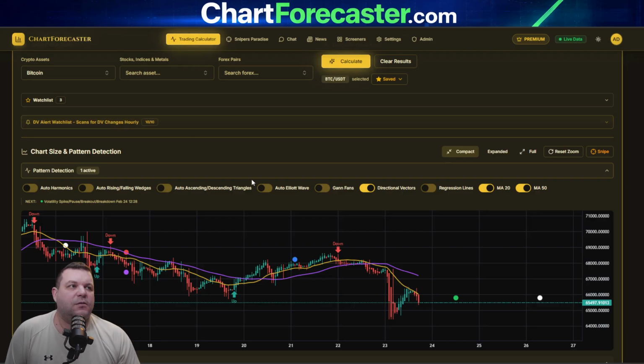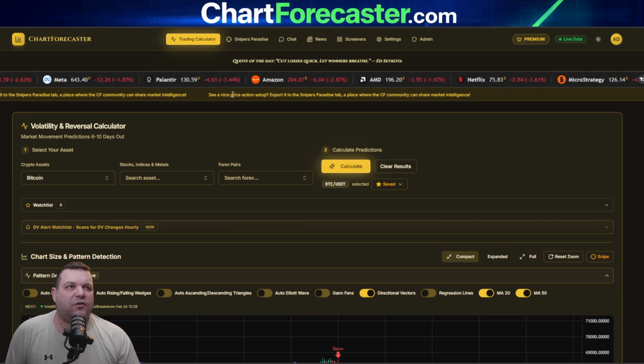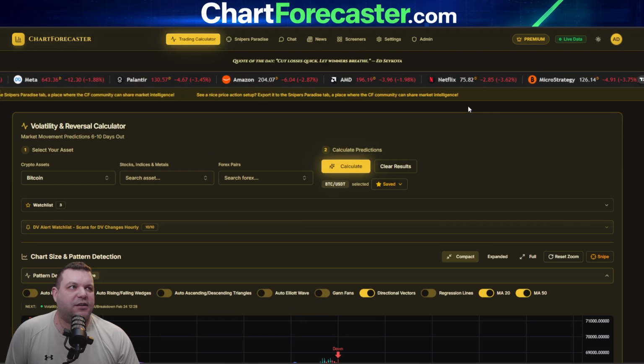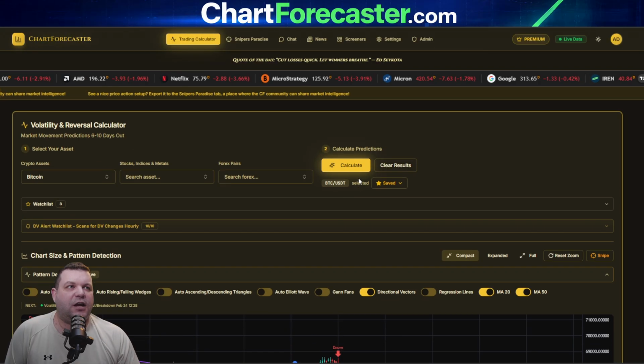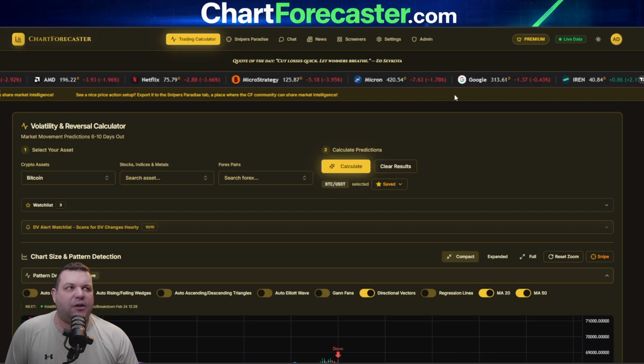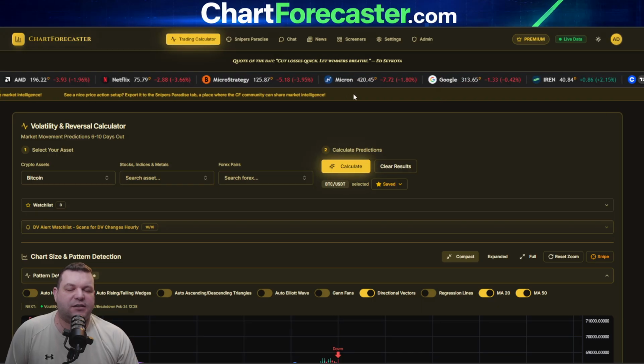And also, I've got a really great feature that works with this broadcasting ticker. So right now, once an hour, ChartForecaster will go ahead and scan all the crypto and stock assets for changes in directional vectors. And if it detects a change within 2 hours, it will go ahead and notify everybody up here on this rolling broadcast ticker.